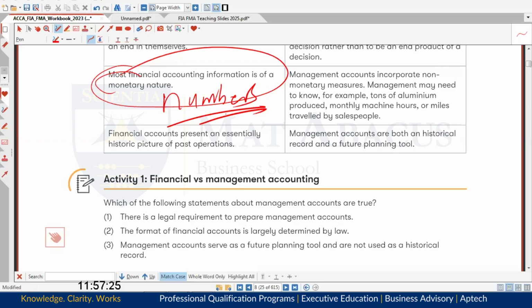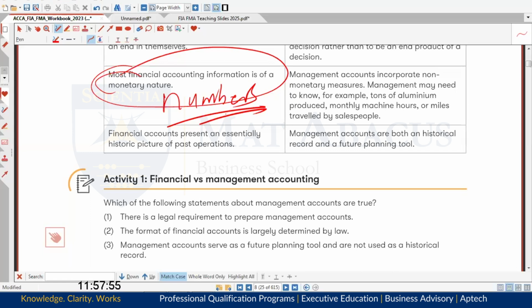Restaurants have come and collapsed in Kampala, but there are some which have been here for a while, with a high number of customers. That means people are happy with their product. Some of those repeat customers, you cannot easily put money to it. So those are non-monetary measures which we consider in management accounting.